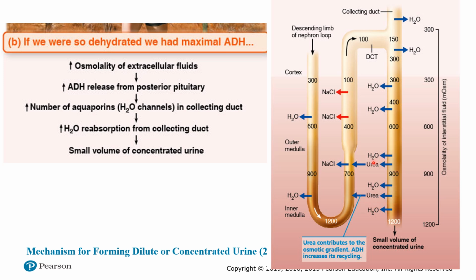In this way the water is removed from the filtrate, and we get a very concentrated urine. The urine can be concentrated up to 1200 milliosmoles, because this is what the osmolality in the medulla is. In severe dehydration, the urine can be concentrated up to 1200 milliosmoles, and this is regulated by the antidiuretic hormone.